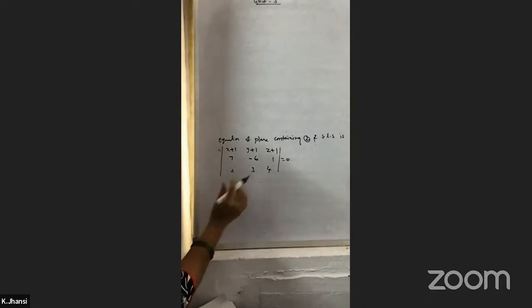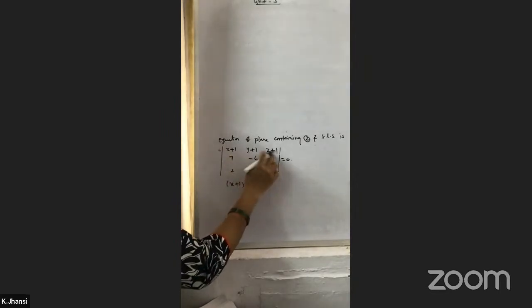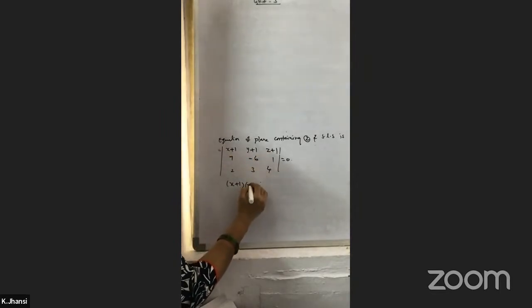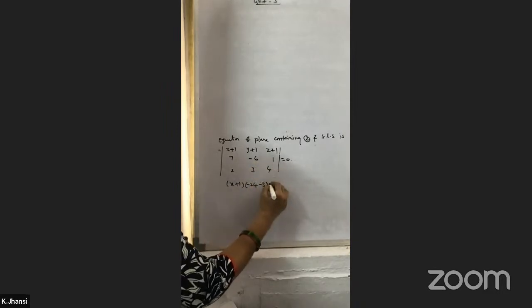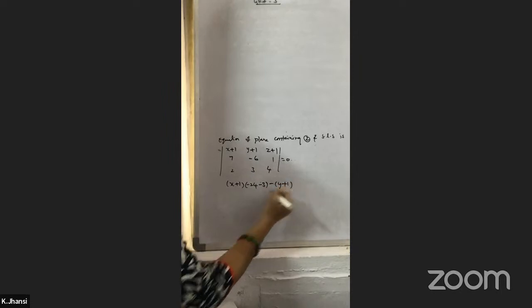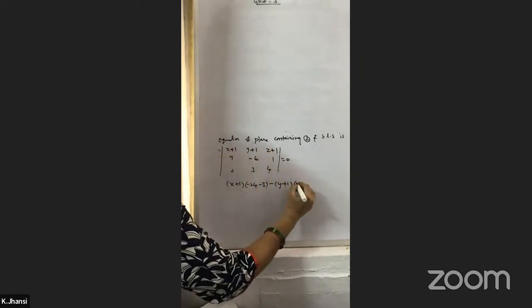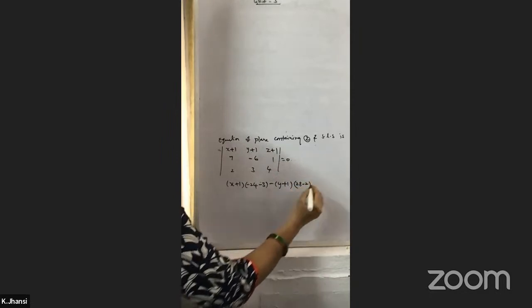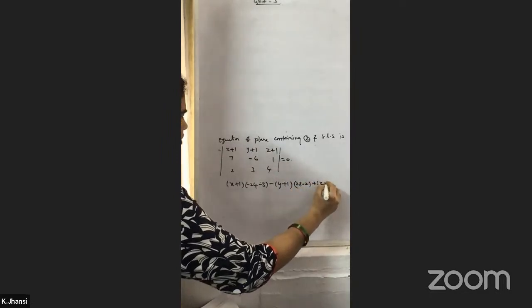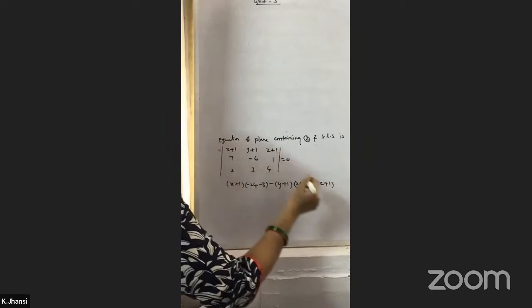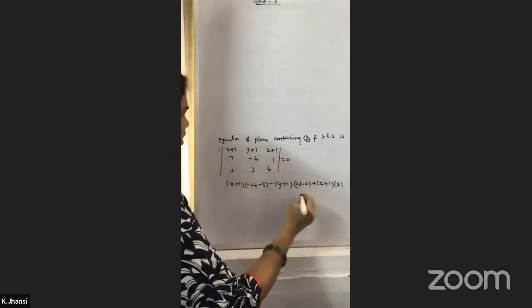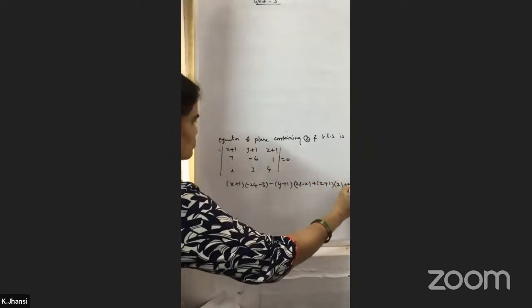So that is x plus 1 into, so 6 minus 24, this is minus 3. After that, minus of y plus 1, so this is 7 4s are 28, minus 2, plus z plus 1, and this is 7 3s are 21 plus 6 2s are 12, equals 0.